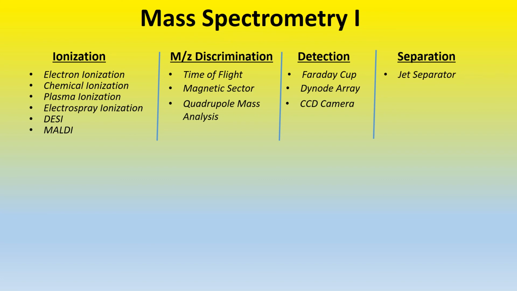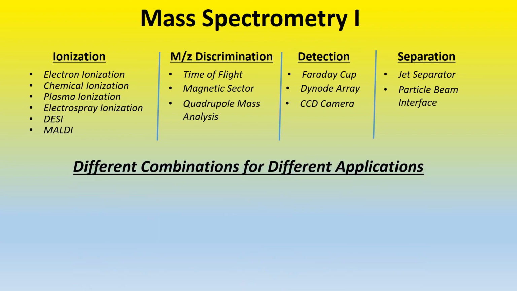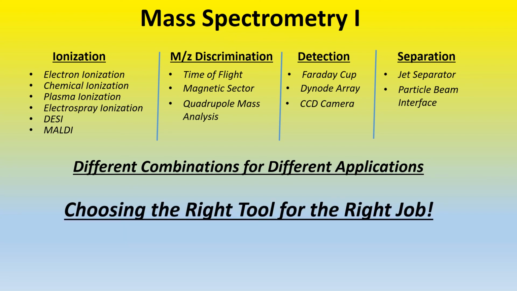So do I use a jet separator or a particle beam interface in order to remove solvent and carrier gas? The answer is, as you will see, there are multiple different combinations possible, and they all depend upon the application. So, as with any other trade, this all comes down to a matter of choosing the right tool for the right job.